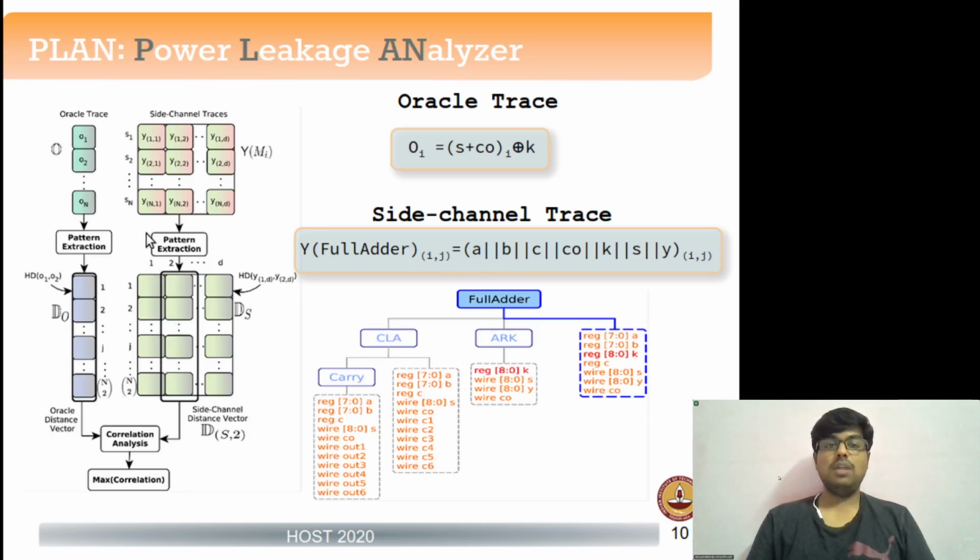Similarly, on each column of the side channel trace matrix, we compute Hamming distances on each possible pair. This matrix is called the side channel distance matrix. In the correlation analysis phase, each oracle distance vector is correlated against each side channel distance vector. Finally, among all the correlation scores, the maximum correlation score is assigned as the leakage score of that particular module.